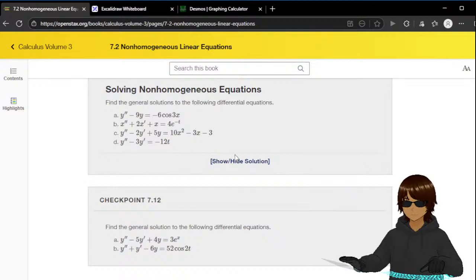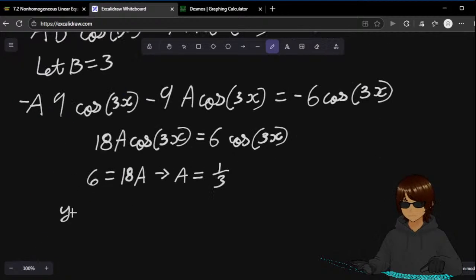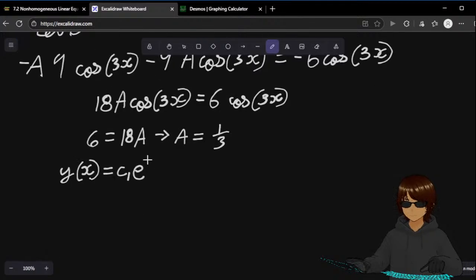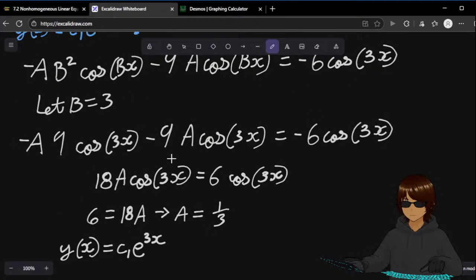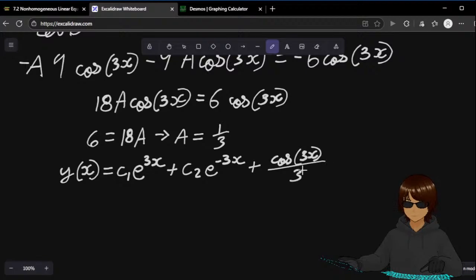Is that right? And then we have, substitute in this here. We have a particular equation and then C1 e to the power of 3x plus C2 e to the power of minus 3x plus cos x over 3.